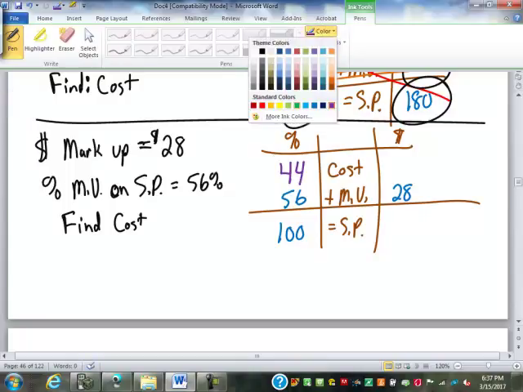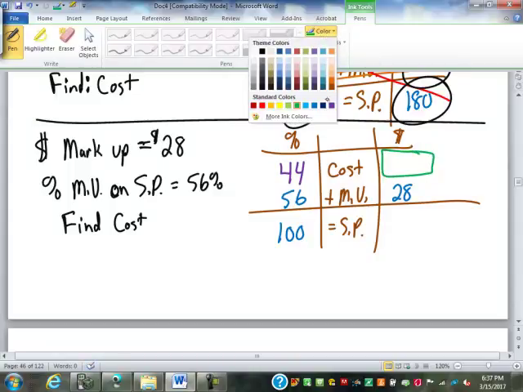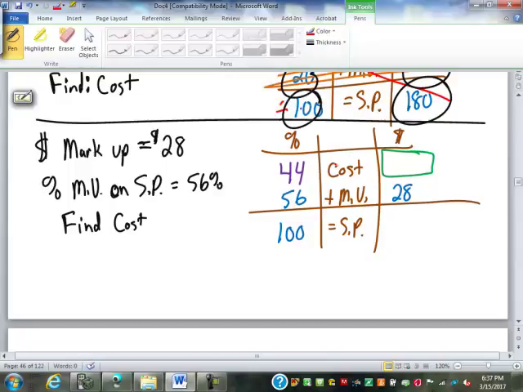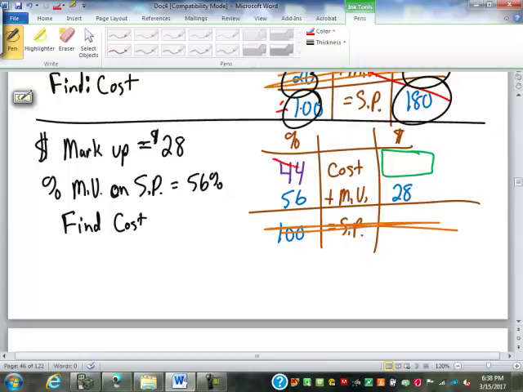We're looking for the cost, which is right here. So we find it by doing, of course, we don't need the bottom row this time. So we're going to find that dollar cost by doing 44 times 28 divided by 56 is $22.